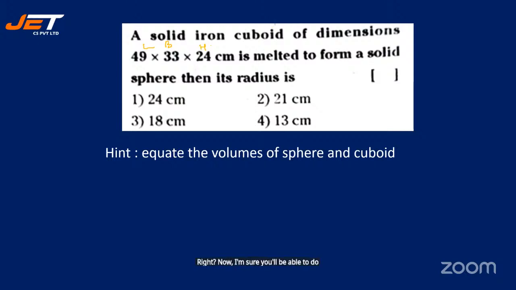Quickly, you do it and give me the answer, students. A solid iron cuboid of dimensions, length into breadth into height is melted to form a solid sphere. So now you have to equate the volume of the sphere and cuboid. So I know it takes time, so I'm just giving you 1 more minute. Try to finish it.